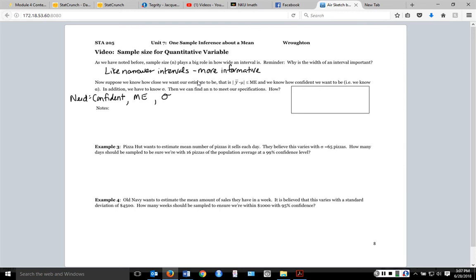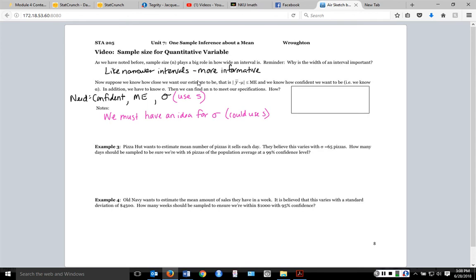So generally, if we don't have anything for the population one, we end up using a sample standard deviation instead. The note I wanted to list here is that we must have an idea for sigma. There's not a "here's the number to plug in if I don't have anything else." I have to have something. So again, we could use our sample standard deviation.